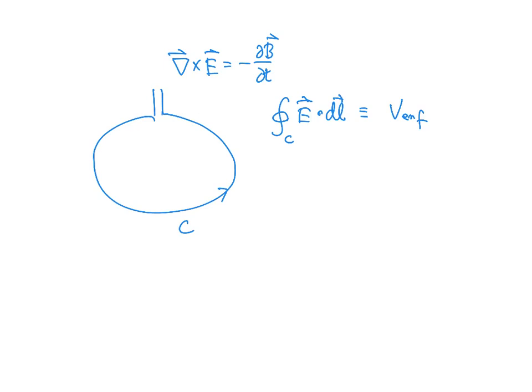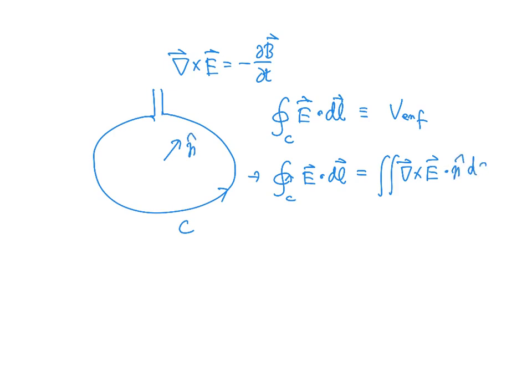So if you have a closed metal ring, then the line integral of E dot dl becomes the curl of E dotted with this normal vector, right? ds.